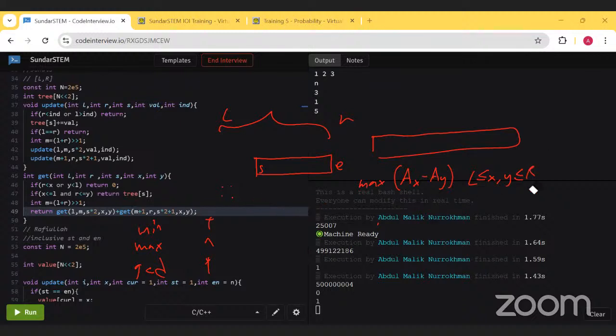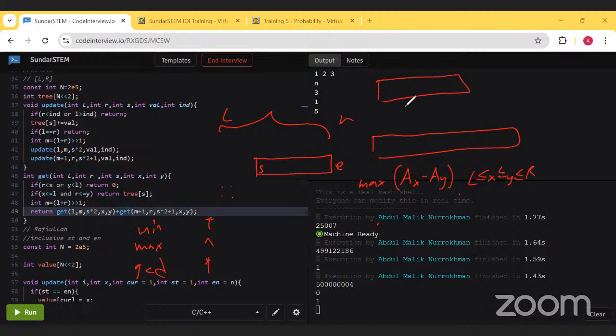Okay. And then what if the query is like this? Or maybe this is less than or equal. Anyone knows how to find it? Let's say x has to be less than or equal to y.